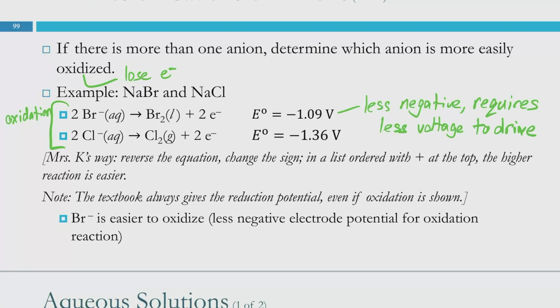So if you're given the reduction potential, you're going to need to flip it to the oxidation and then choose the less negative one. Or you can just choose the less positive one on the reduction potential table, and that would also work.